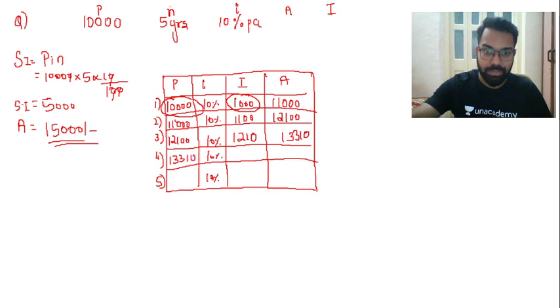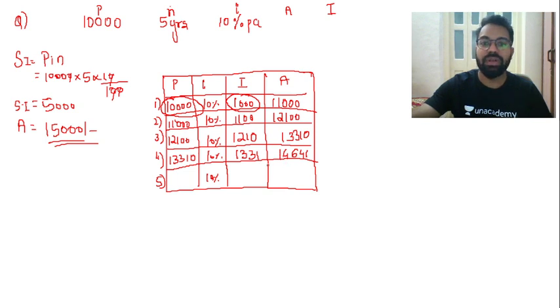This 13,310 rupees comes here. At 10%, it earns you an interest of 1,331. The total here becomes 1 here. 3 gets added to 1 gets you 4. 3 plus 3 is 6. 1 plus 3 again is 4, and this is 1.